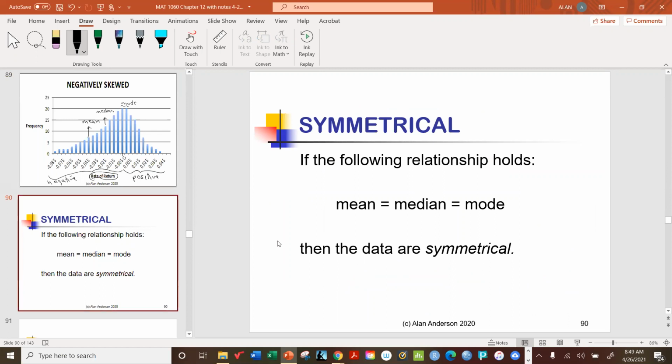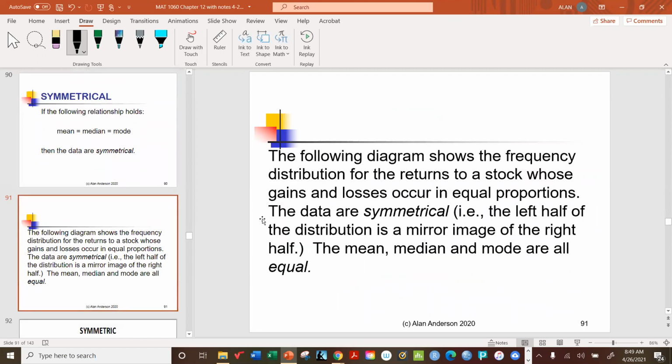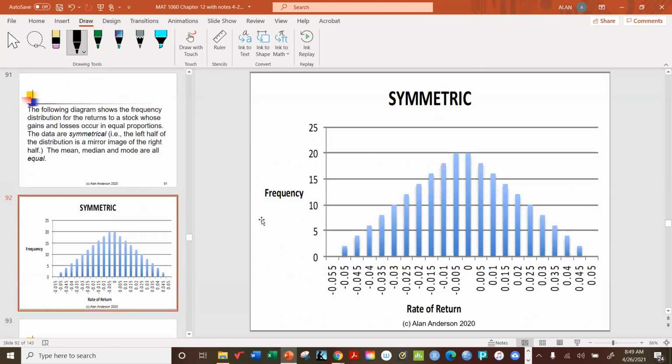All right. So what does this graph look like? Ooh, now that's not bad. It looks kind of nice. Like I said, there's a mirror image between the left and the right.